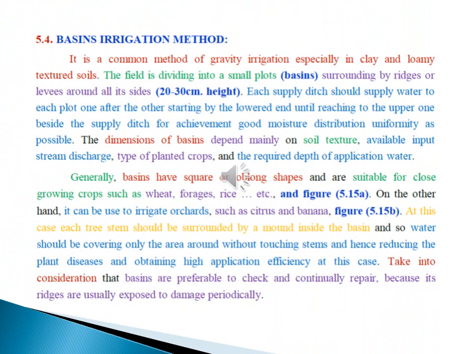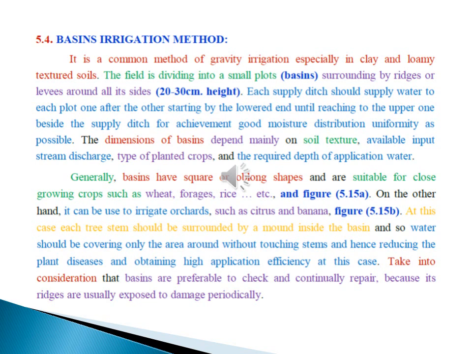Basin irrigation method. It is a common method of gravity irrigation, especially in clay and loamy texture soil. The field is divided into small plot basins, surrounded by ridges or levees around all its sides, 20 up to 30 cm high. The size of basins depends mainly on soil texture, available input stream discharge, type of plant crops, and the required depth of applied water.